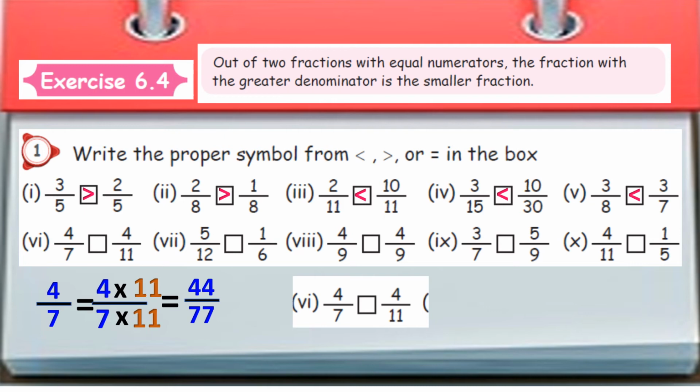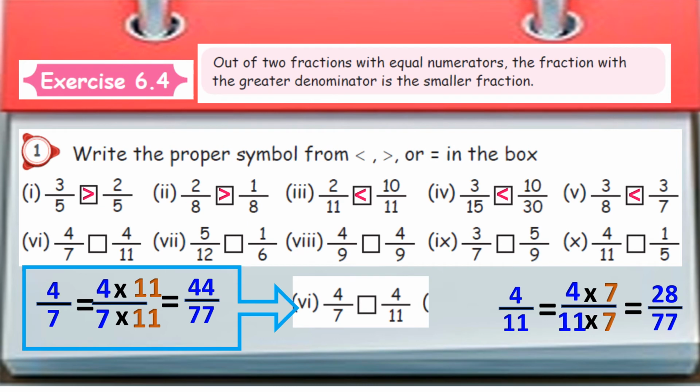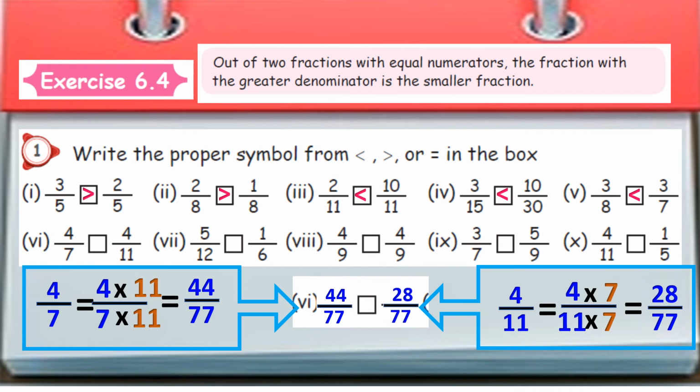And now I am going to select 4 by 11 and multiply by 7 by 7, so that we get the same denominator of 77, that is 28 by 77. Instead of 4 by 7, I am going to fix 44 by 77, and instead of 4 by 11, we are going to fix 28 by 77.